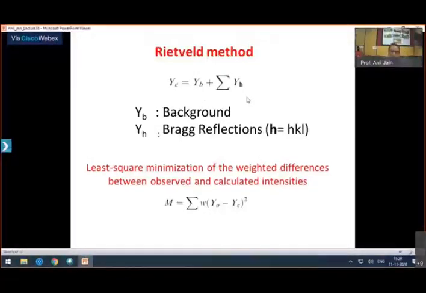Then you can refine the parameters of this initial model, like the position of your atoms. You can refine the ABC parameters, the Debye-Waller factor, and the profile. By doing this, you can get information about the structural part of your sample.